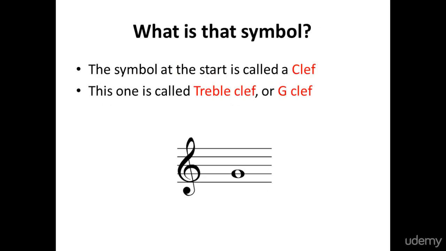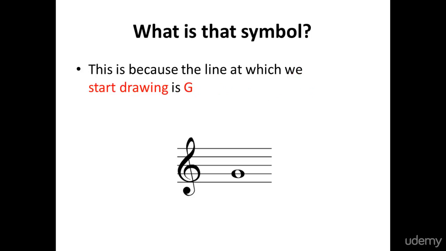What is that symbol? The symbol at the start is called a clef, and this one is called the treble clef or G clef. Basically, this is one of the most famous symbols when it comes to music. This is because the line at which we start drawing is G. This is why we call it a G clef.